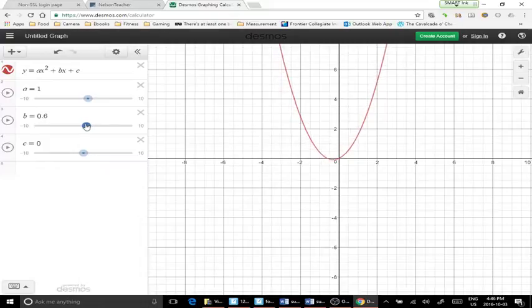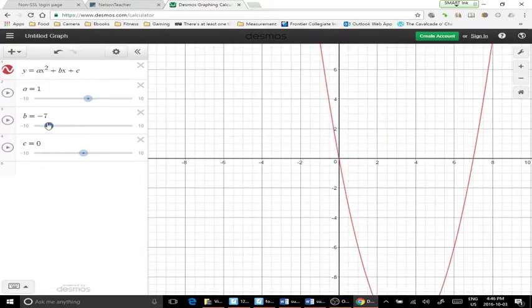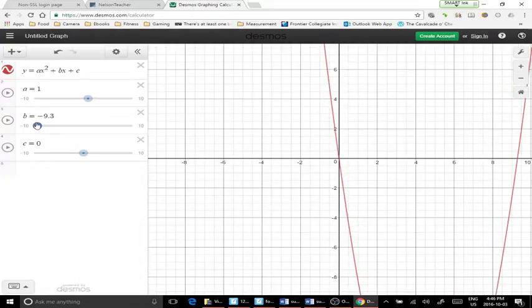When B is negative, we look at it a little differently. When B is negative, as B gets to be a bigger negative, the graph moves right and down.